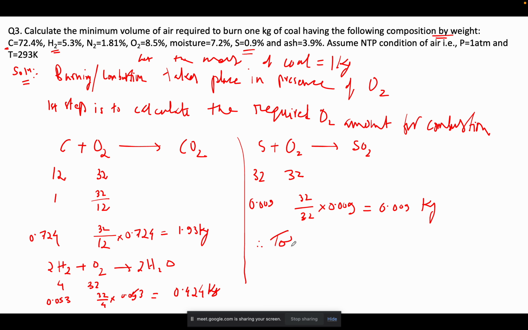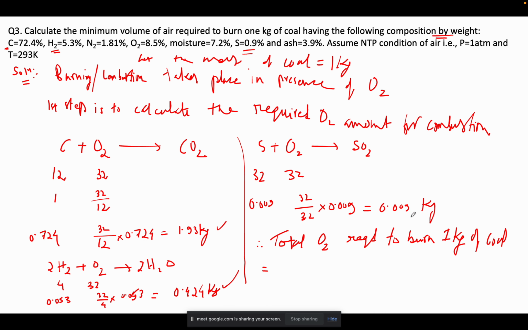So therefore, total oxygen required to burn 1 kg of coal is what?